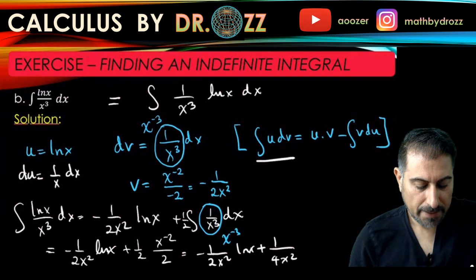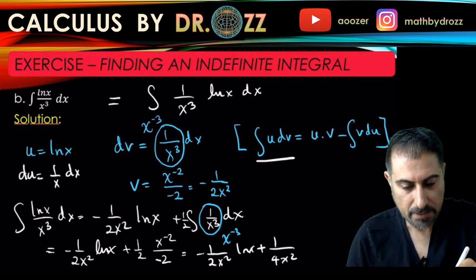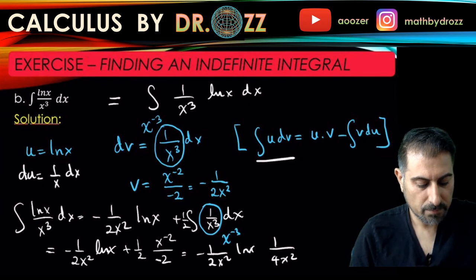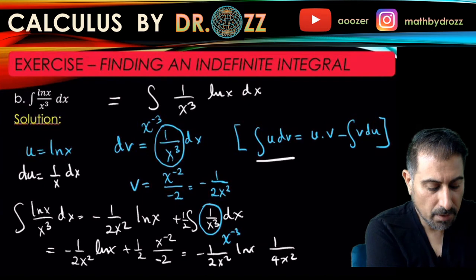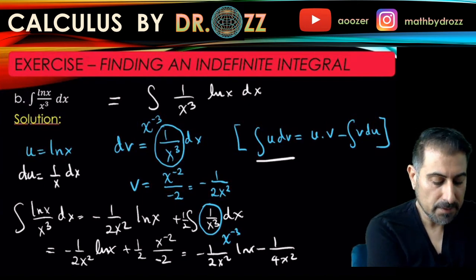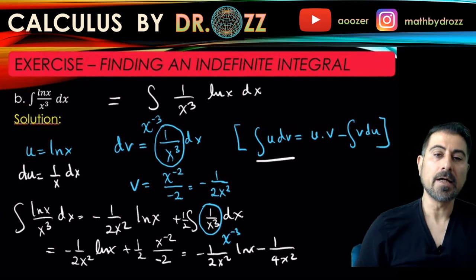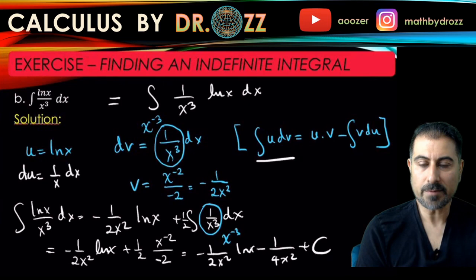And I forgot a minus sign here, so I'm going to correct that real quick. In the power rule, I divided by the new power, right? x to the -2 divided by -2. So this should be minus. So both terms should be minus, and plus a generic integration constant at the end. I think that takes care of everything here.